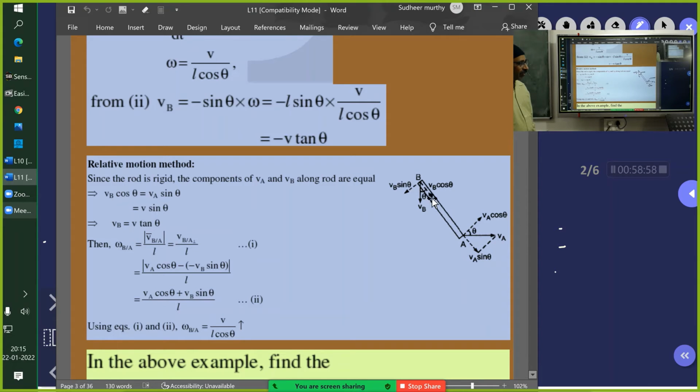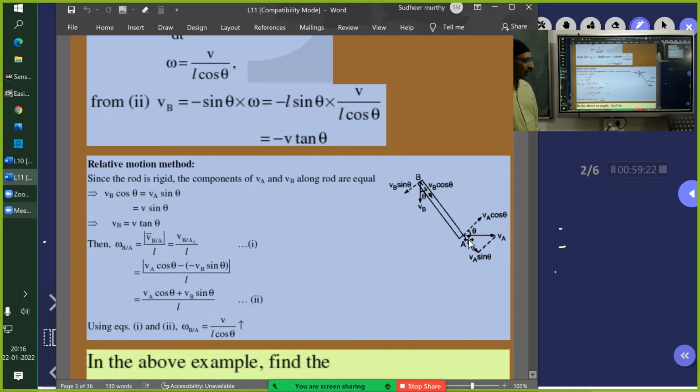Now VB cos theta and VA sin theta are equal, and that is why these two points A and B will be fixed, I mean there will be no relative displacement between the two. And then VA cos theta and VB sin theta. So now VA cos theta minus VB sin theta will be what?